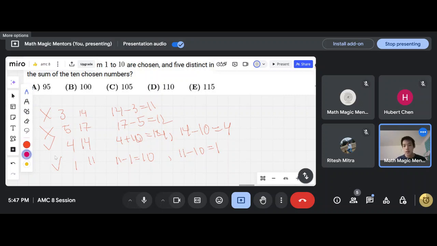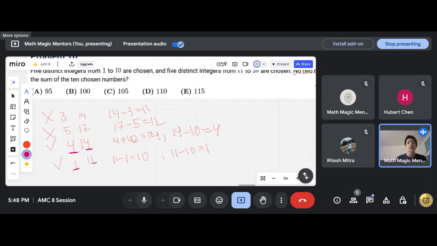Notice something interesting about the units digit. The units digit is a very common theme in AMC number theory problems. If you pick a number from 1 to 10 and another number from 11 to 20 and they differ by 10, then they have to have the same units digit.